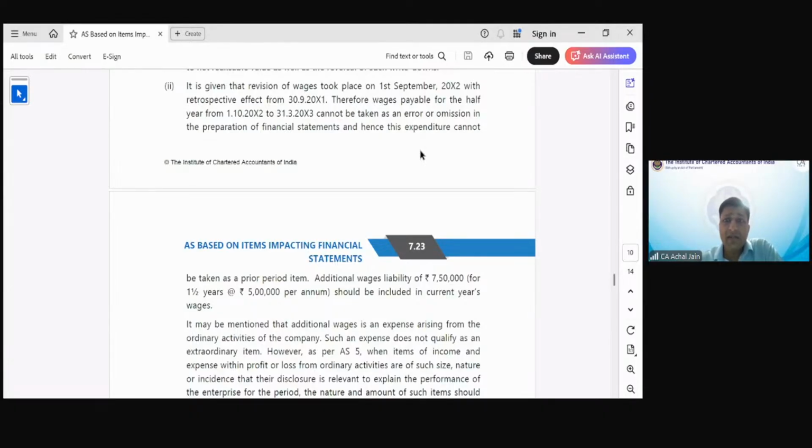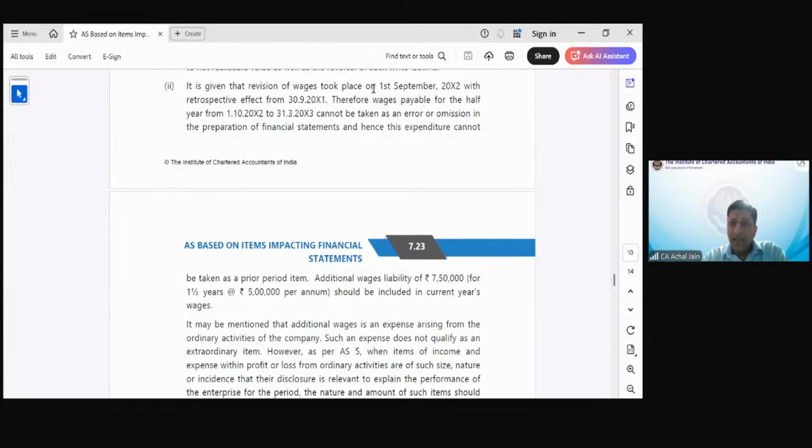Hence, this expenditure cannot be taken as prior period. You will not say that this was an error. Why? Because this agreement was signed in the current year. The company didn't miss out; when the amount is not finalized, the agreement is not signed, and the terms are not there, how will you record that in the previous year?